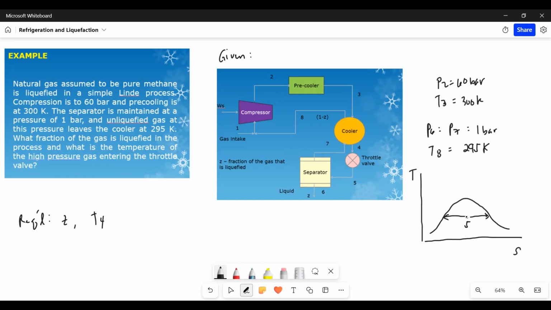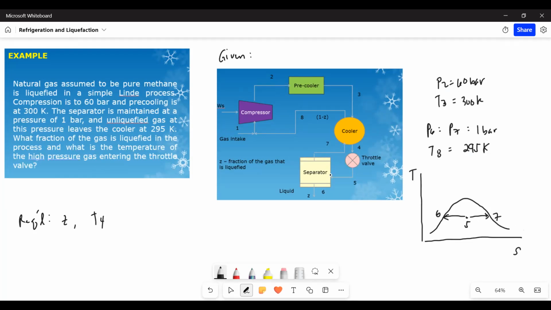So this is point X after the throttle valve, and therefore part of the stream remains as liquefied gas, and part of the stream exits as unliquefied gas.